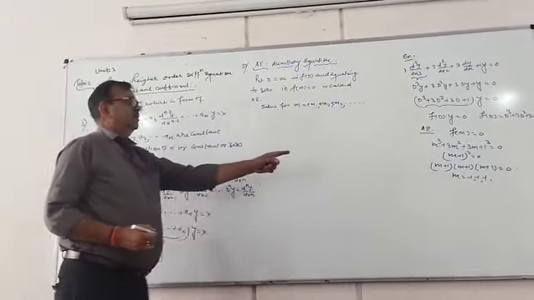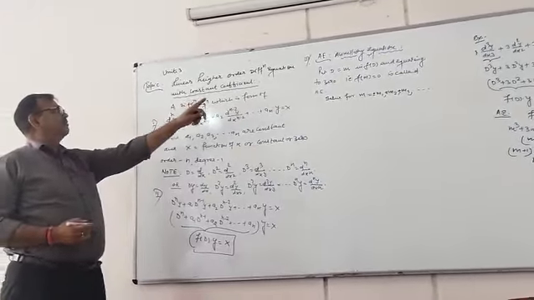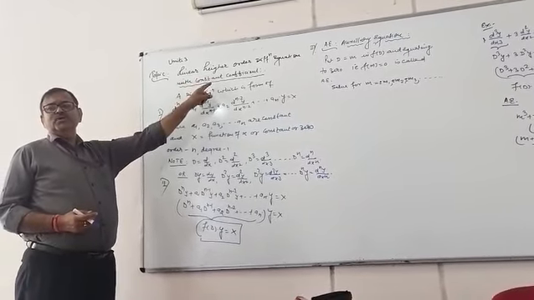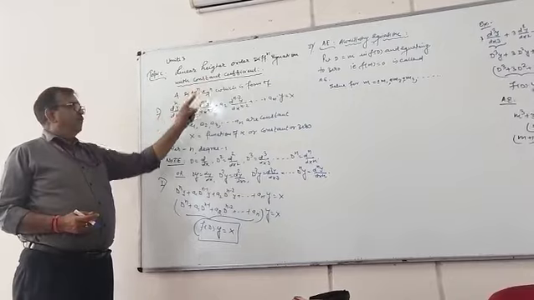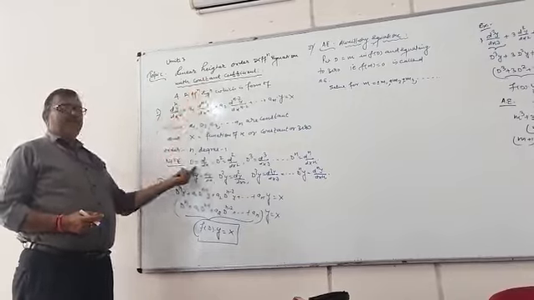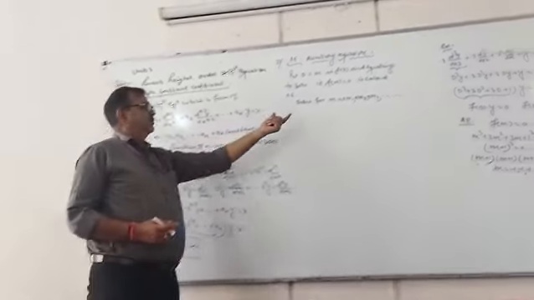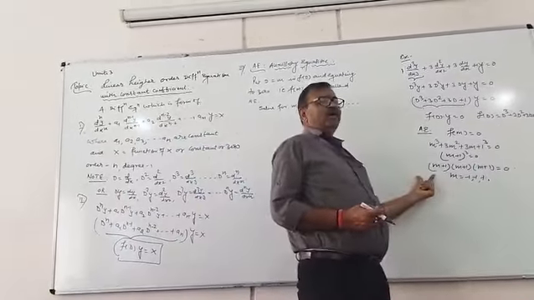So those are the three steps to find the solution of a linear higher order differential equation with constant coefficients. First we convert into capital D, then we find the auxiliary equation, solve it for m, and find the values of m.